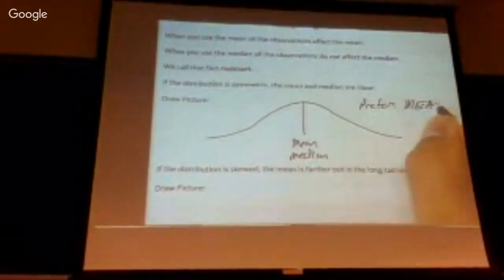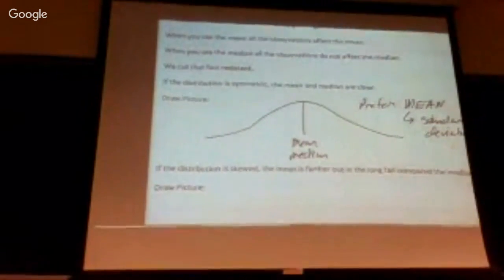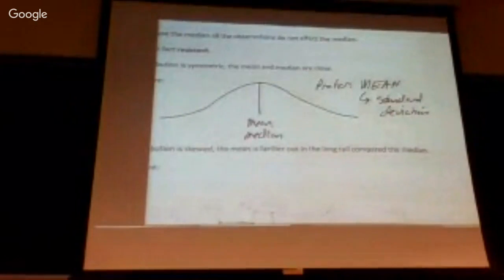The mean. And when you do the mean, that goes with standard deviation. So if your data is symmetric, they're both good, but we have a preference for mean. All that stuff we did with 68, 95, 99.7, right?